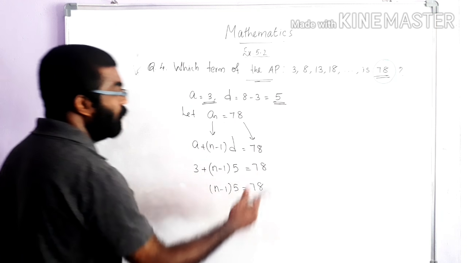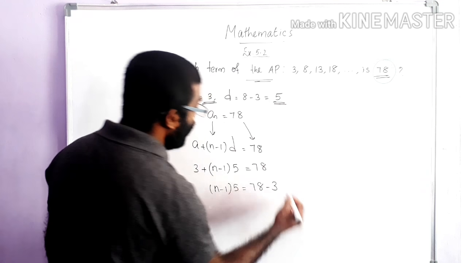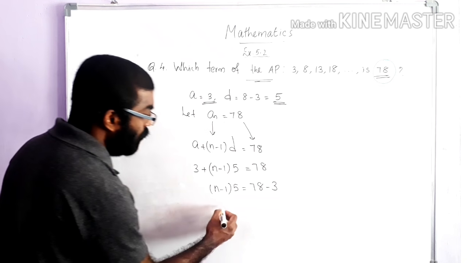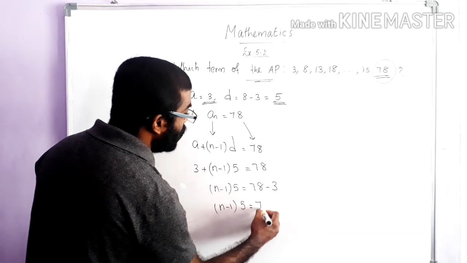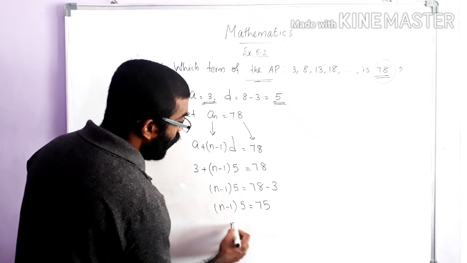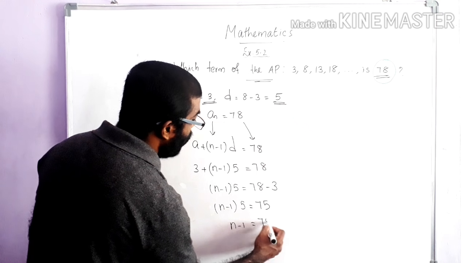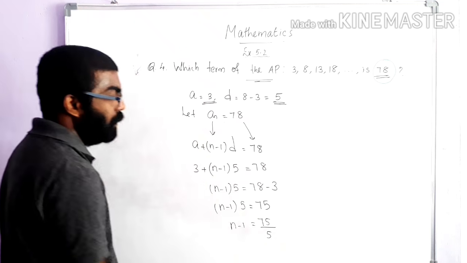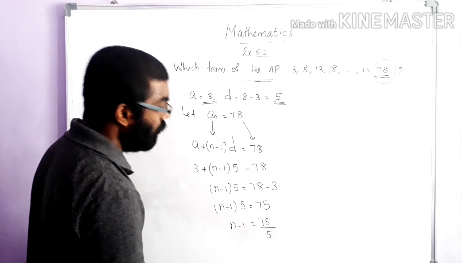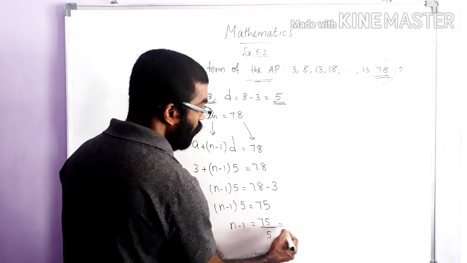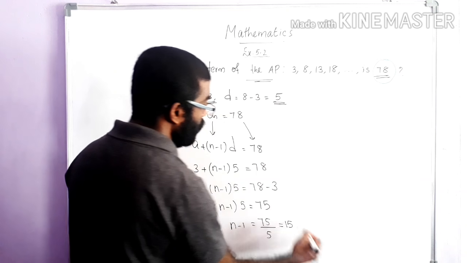Now (n minus 1) into 5 is equal to 78. This 3 we can take to the right side, it becomes minus 3. 78 minus 3. So (n minus 1) into 5 is equal to 78 minus 3, which is 75, and n minus 1 is equal to 75 divided by 5. This 5 goes to the denominator. 75 divided by 5 is equal to 15.